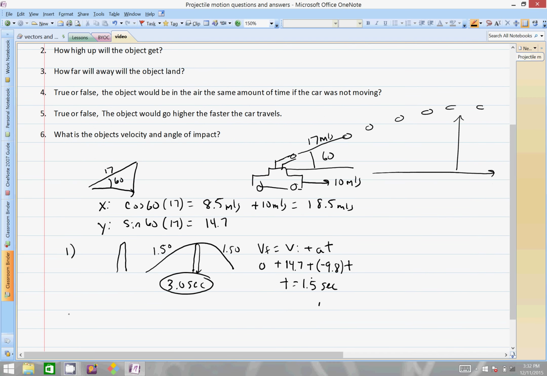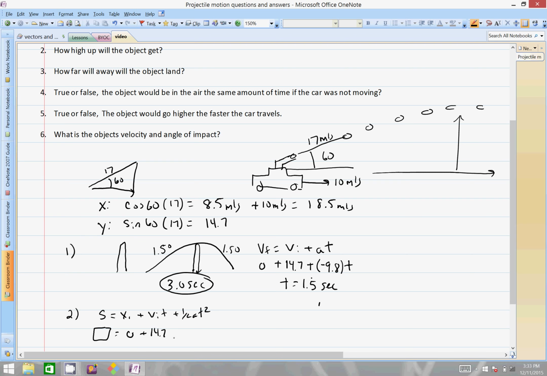Okay, number two, again, the height is determined by the y-axis only. So distance traveled equals initial location plus velocity initial times time plus 1/2 a t squared. This is a number that we don't know. 0 plus velocity initial, which is 14.7.